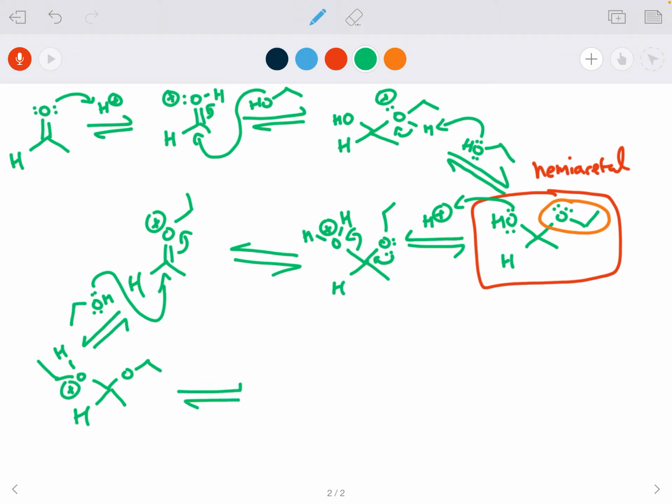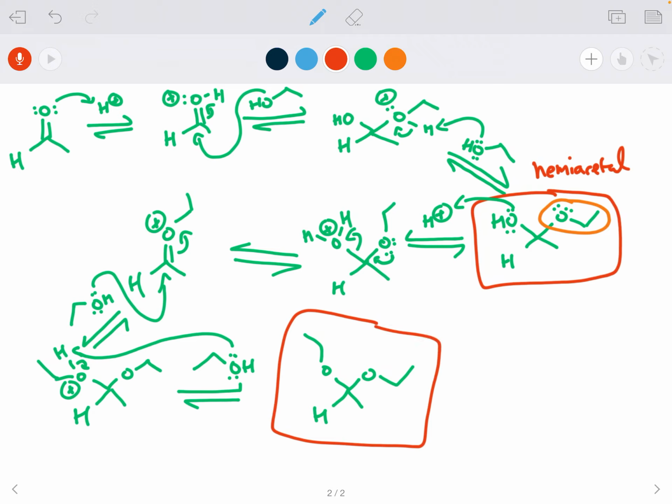For the deprotonation, this could be either water or an ethanol. I'm going to put ethanol here again, just because we have more ethanol than water if we're using ethanol as a solvent. And I'm left with my final product of the acetal. So that is my acetal.